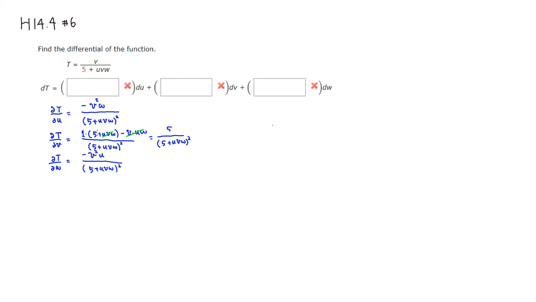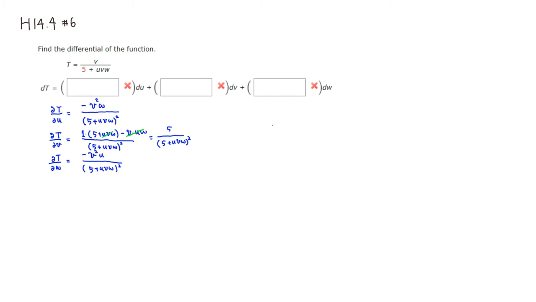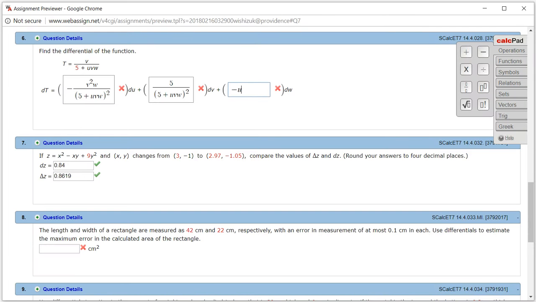All right, so what we got was it's going to be negative uv squared. Actually, I forgot what it was. It's a uv squared. Okay, so it was uv squared, and let's see, v squared, and then divided by quantity 5 plus uvw squared.